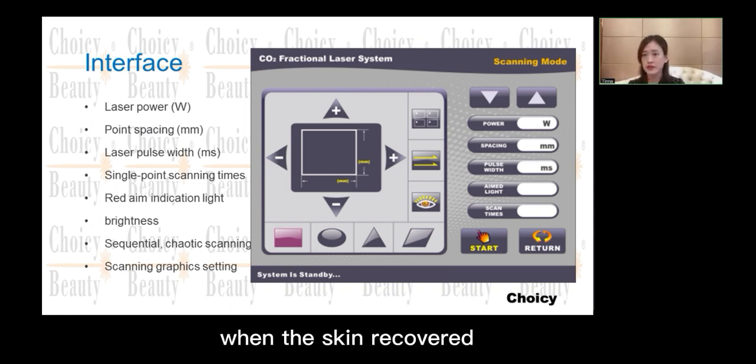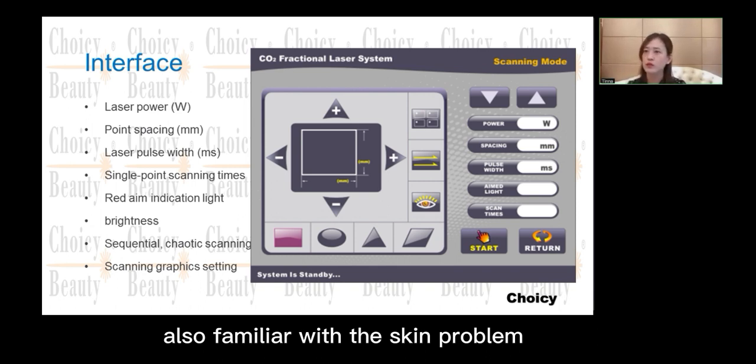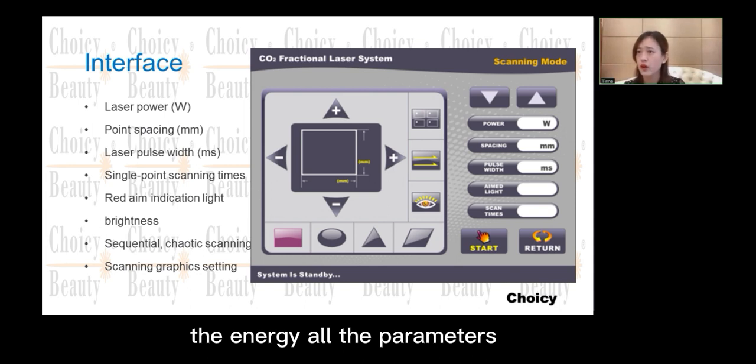When the skin recovers, it will be much better. Sometimes stronger energy gives a better result. But there is one condition: you must be very familiar with the energy and the skin problem, and then you can adjust all the parameters.